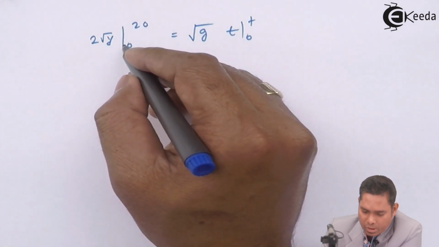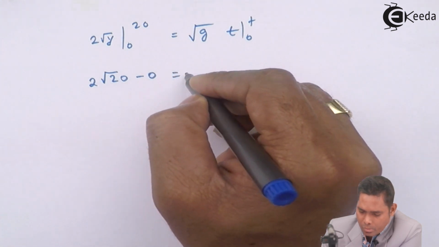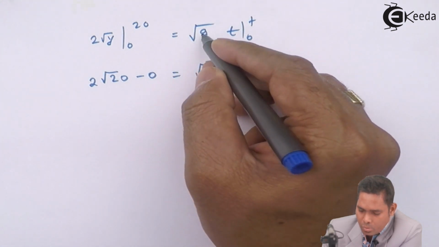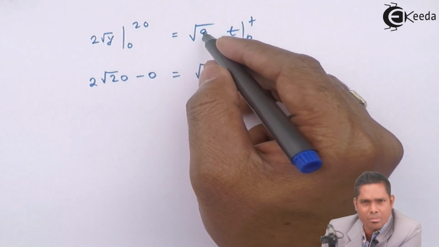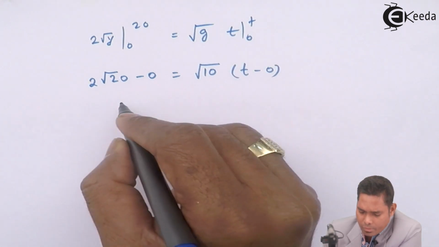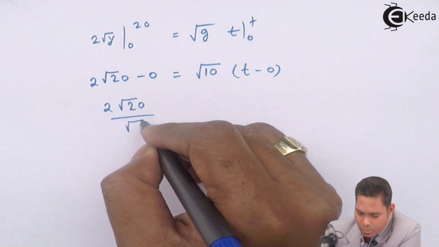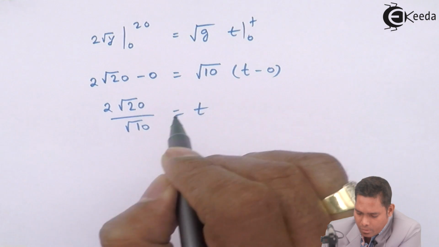If I substitute here, this is 2 root of 20 minus 0 equals root of 10, because this is given in the question as 10 meters per second squared, times t minus 0. So I solve that, then 2 root of 20 divided by root of 10 equals t.